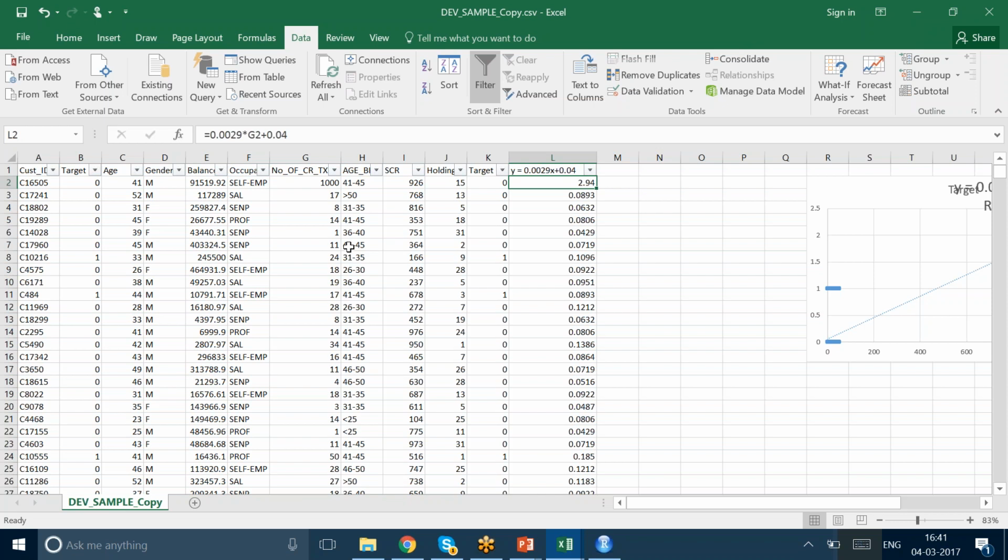My probability estimate in this case would be 2.94. In this kind of scenario, if you are using linear regression to predict, then you will put a caveat saying if value greater than 1, then 1. If value less than 0, then 0. That is the caveat. You can still use a linear regression.